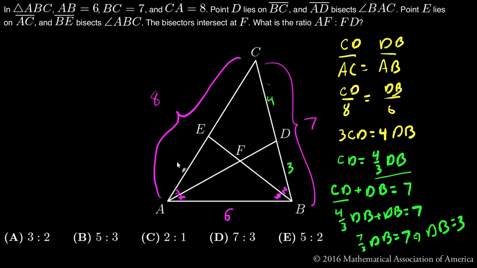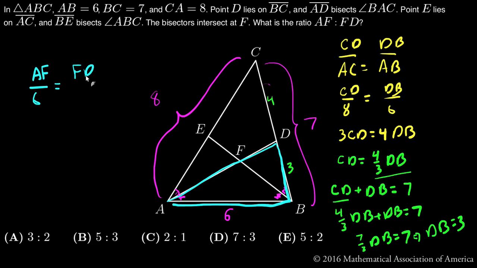Now I actually have enough information to figure out this ratio, because I have this triangle here with BF being an angle bisector of angle DBA. And so I want AF to FD. I can say AF to 6 equals FD to 3. I could actually do it straight away, but I'll do it this way.